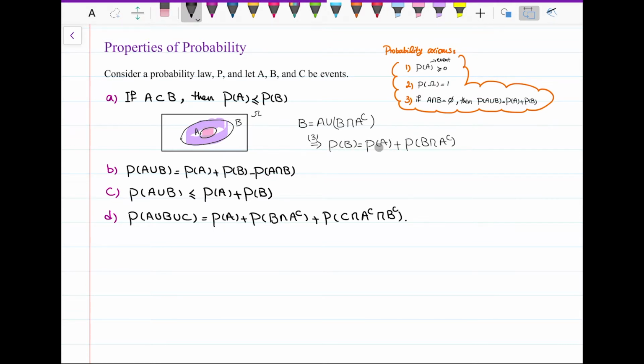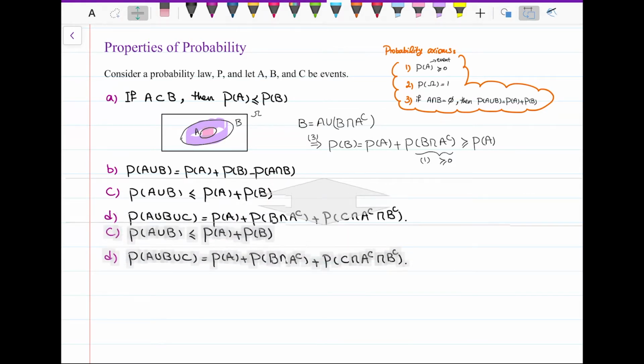So probability of B is probability of A plus something positive, which means that probability of B is greater than or equal to probability of A. Great, this is the first one.